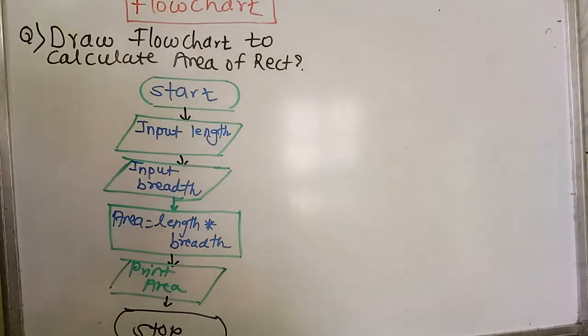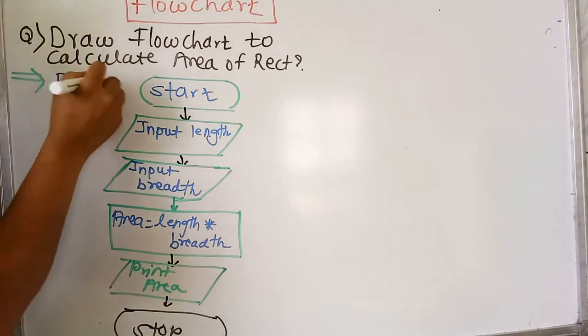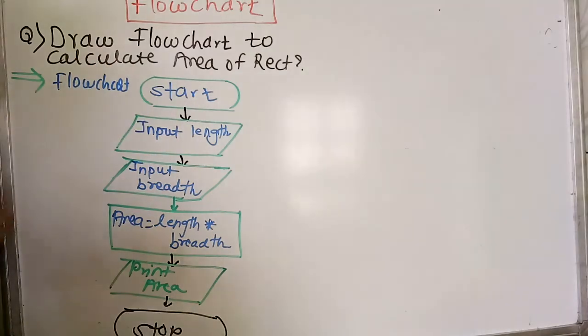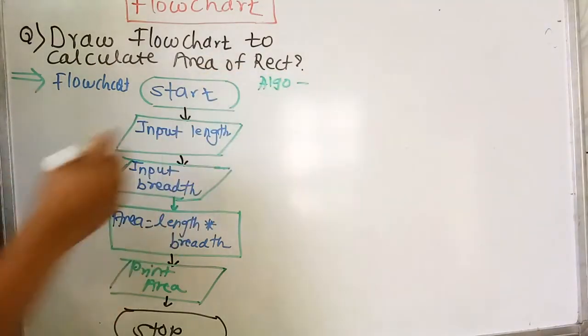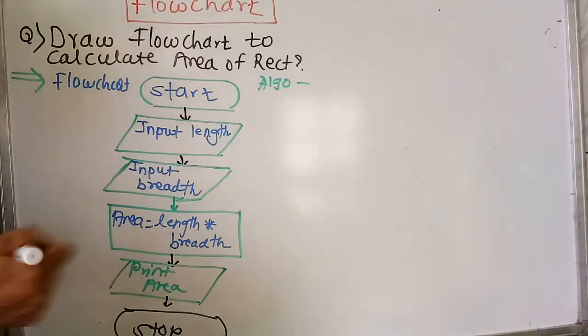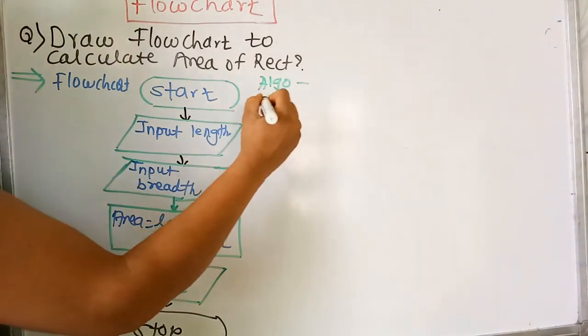If in the same problem we also cover the algorithm, then we can write it like this: this is the flowchart, but the algorithm is nothing but the steps.